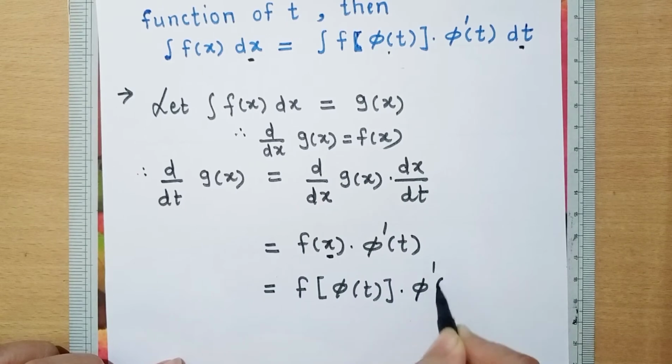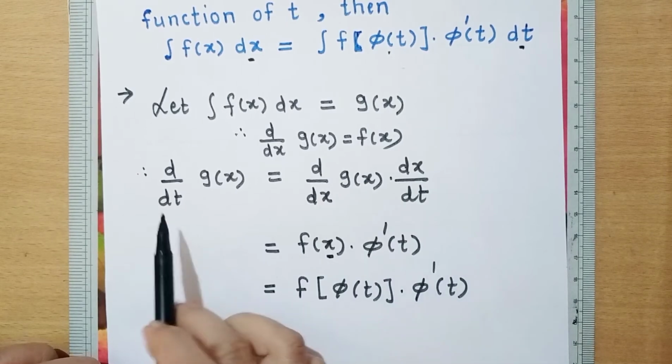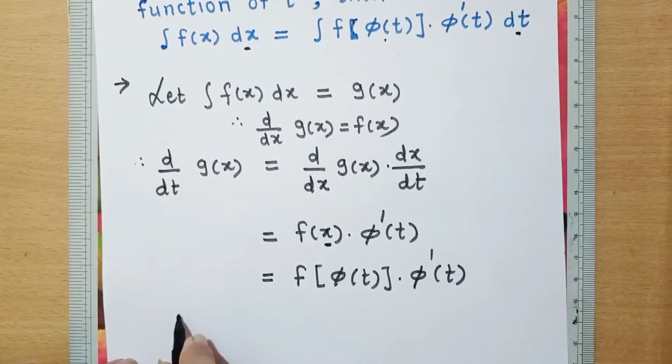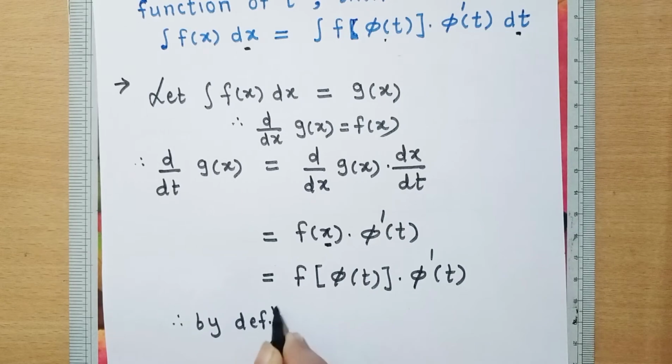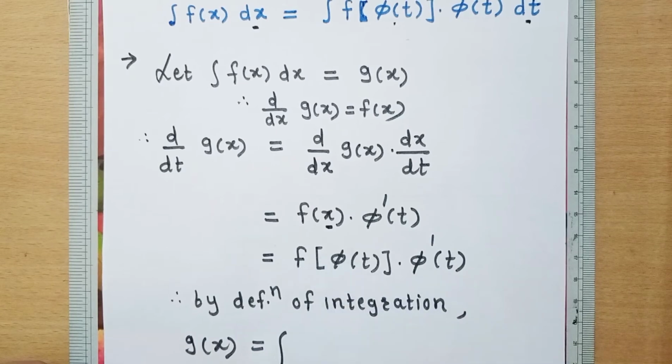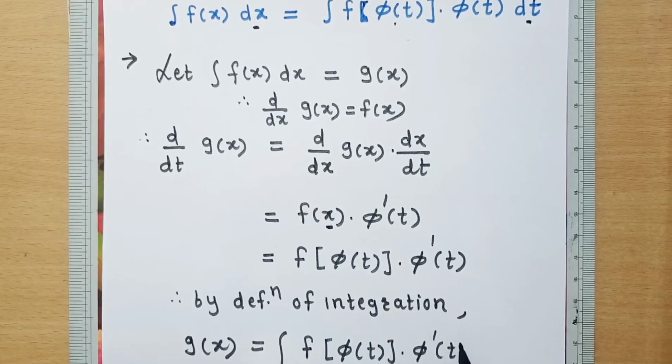into phi dash of t, and again d by dt of this equal to this, that means integration of this equal to g of x. Therefore by definition of integration we will write this g of x equal to integration of f of phi t into phi dash of t dt.